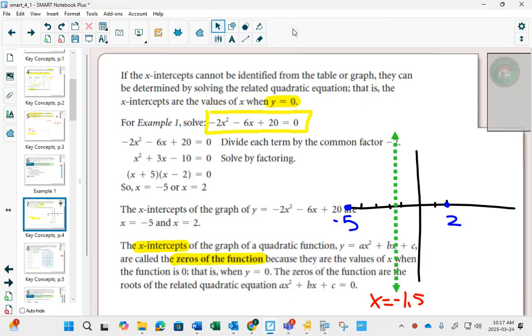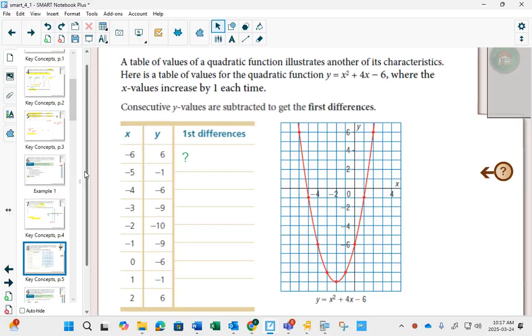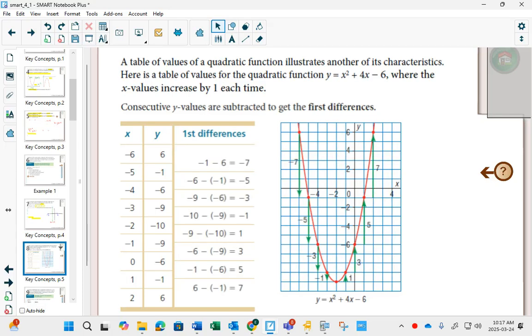Some other things that are interesting and worth noting, this is at the top of page 254. Here they've got the parabola of x squared plus 4x minus 6 drawn. And they've got some interesting patterns you can notice.